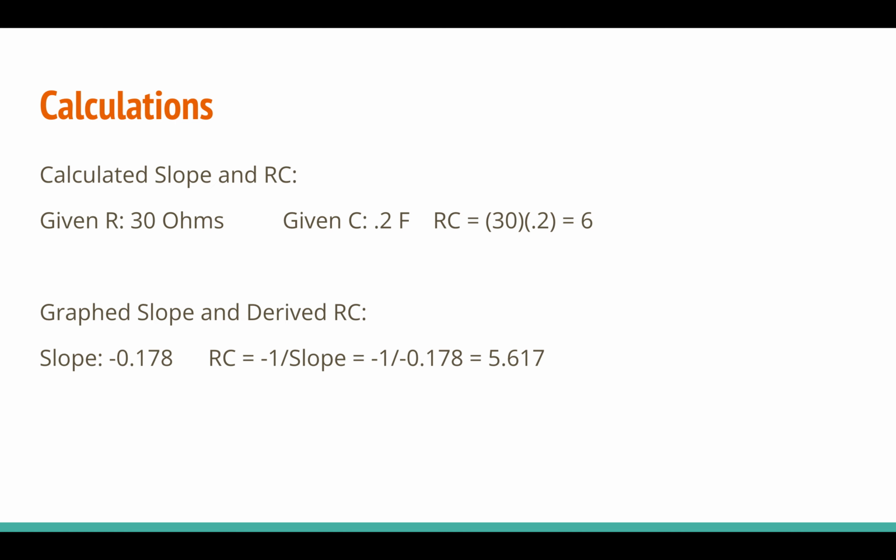And then comparing that to the graph and what we can derive out of the slope of the best line, which we got to be negative 0.178, we can use the slope equals negative 1 over RC equation, move it to become RC equals negative 1 over slope, and therefore get an RC of 5.617, which is very close to the value we wanted.